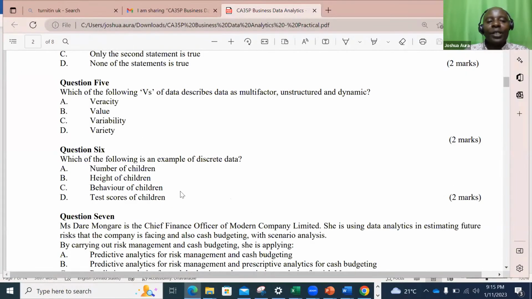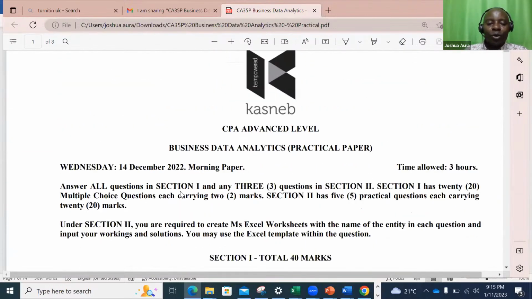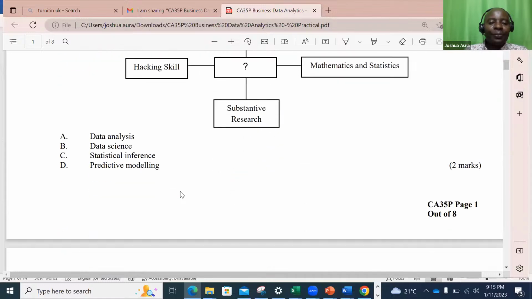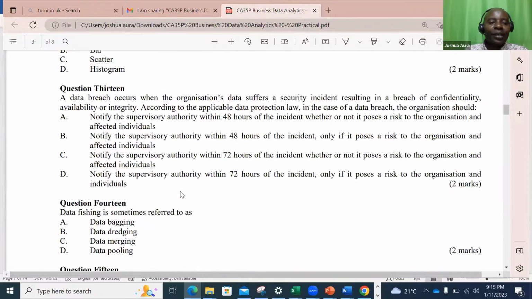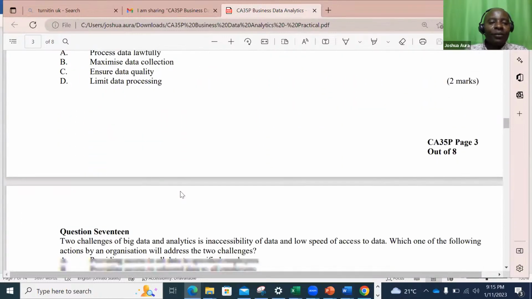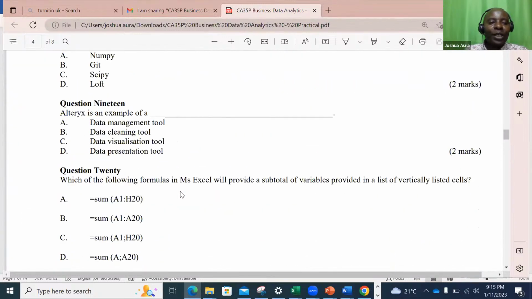How is it tested? Like theory and practical. So how it is tested is like this. Like now, this is last semester's paper. It has two sections. We have the theory section, which has got 20.